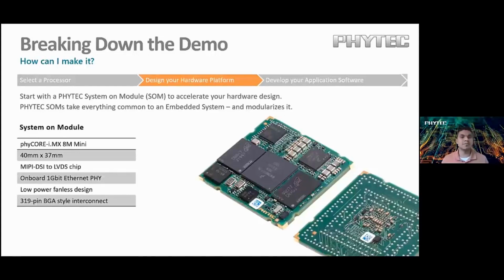It includes different features such as MIPI DSI to LVDS converter, Ethernet PHY, and many, many others, still keeping it as a low power, fanless design. It takes advantage of a BGA style interconnect that gives you a seamless integration into your carrier board while still bringing in a high number of signals. To be specific, 319 pins.